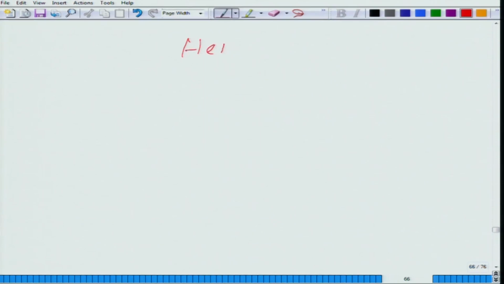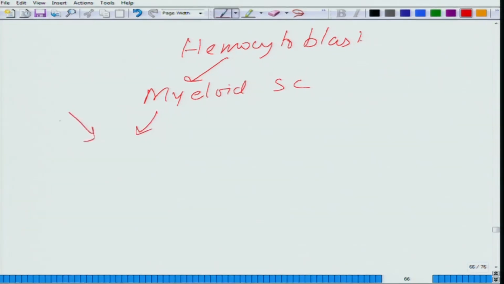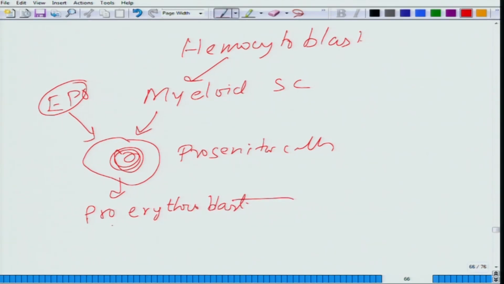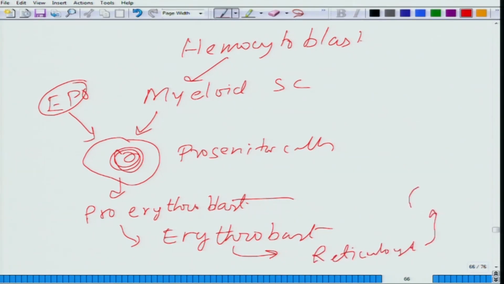So, this is the pathway which is followed. If I have to summarize, it started with hemocytoblast, then you have myeloid stem cells. From myeloid stem cells, because of the influence of erythropoietin, some of these progenitor cells form proerythroblast, and proerythroblast becomes erythroblast, and then erythroblast becomes reticulocyte, and that becomes RBC.